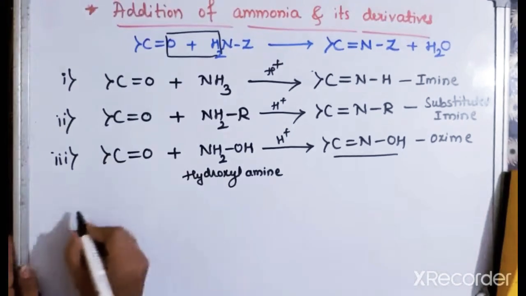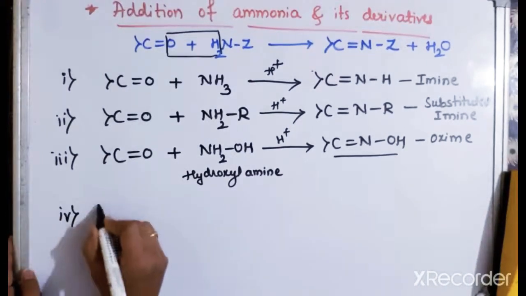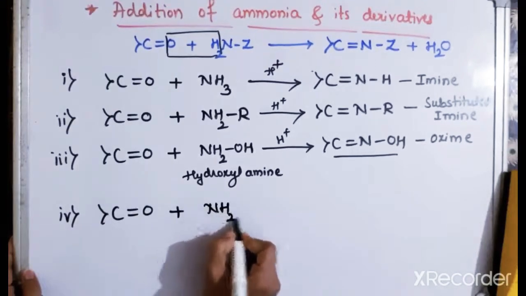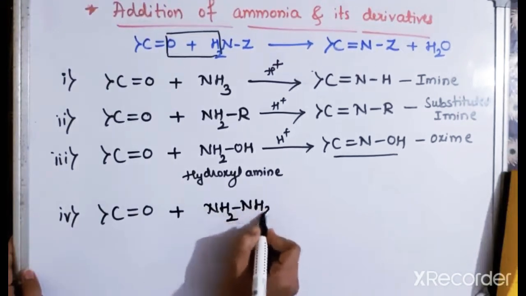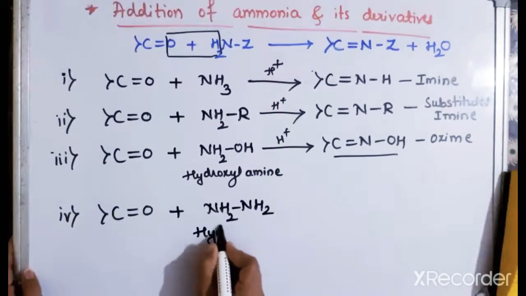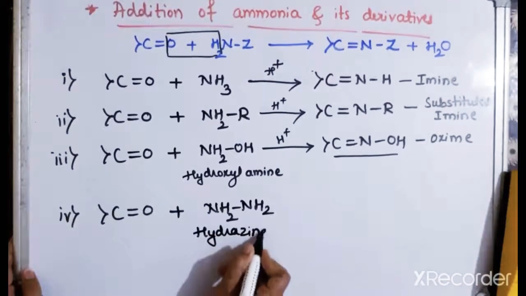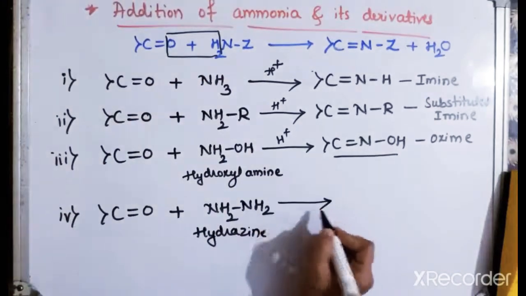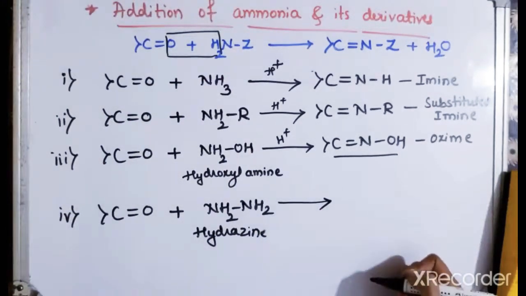Then the fourth one is carbonyl compounds on reaction with hydrazine. Hydrazine is NH2NH2. So in place of Z what we have? NH2 group. This is also acid catalyzed. So what do you get as a product?